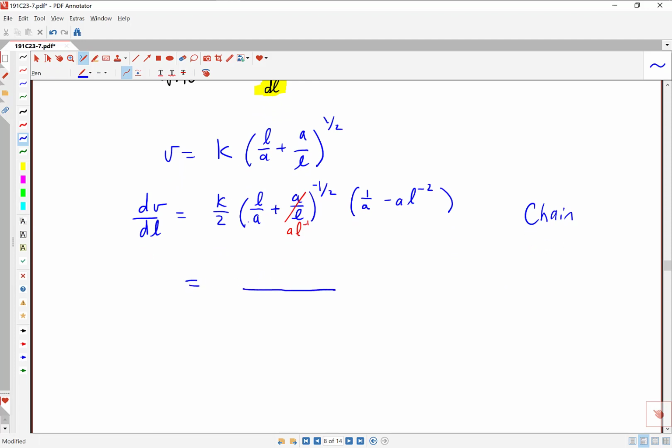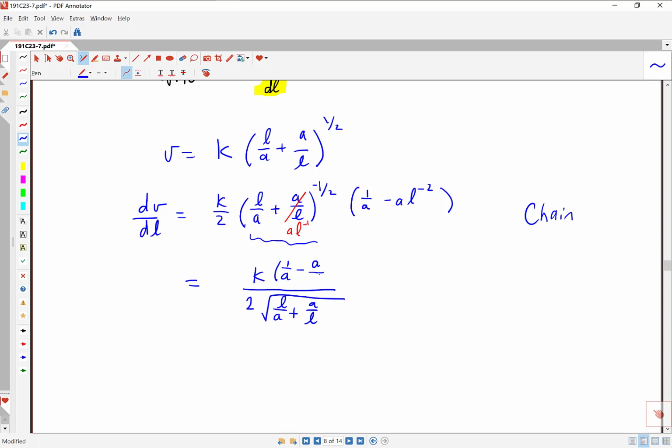So let's imagine we've got this big fraction. We've got a k on top, 2 on the bottom. This expression here gives us a root in the bottom. So we've got root L over A plus, it doesn't matter how you write that, let's write that as A over L there. So all that stuff is in the bottom. And then we've got this 1 over A minus A L to the negative 2.